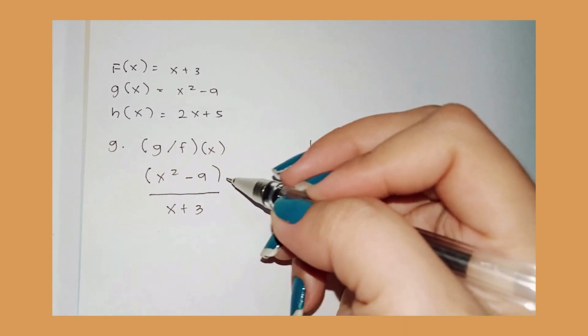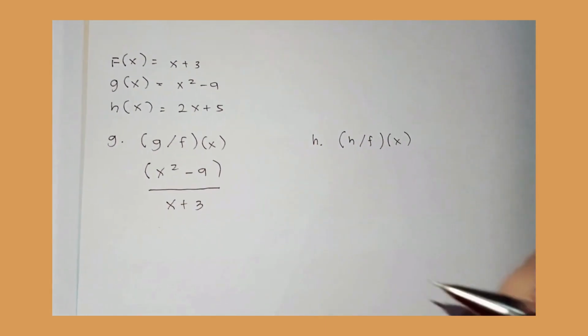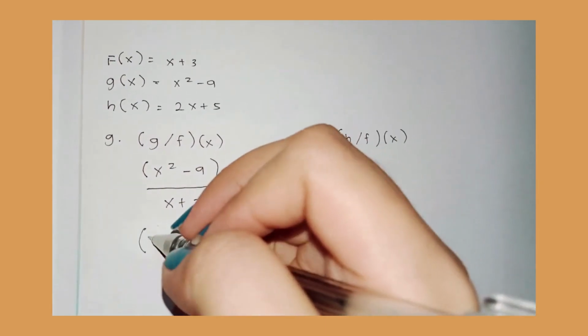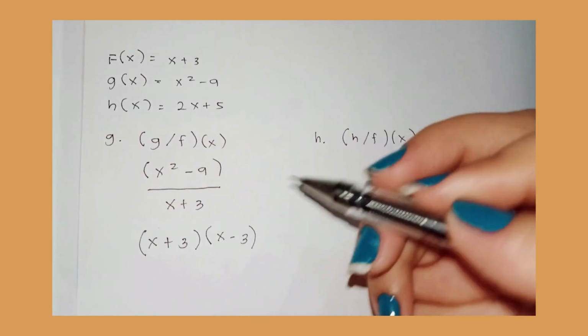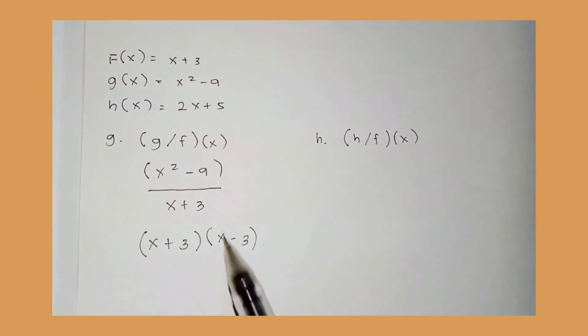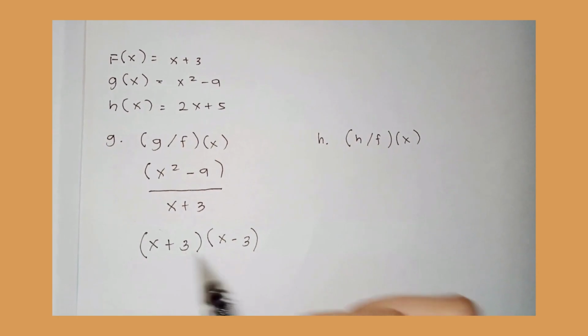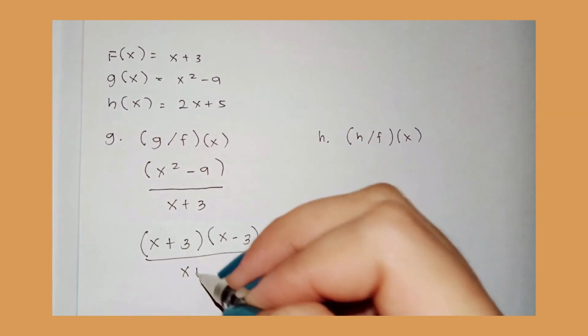Una, yung nasa itaas, dahil quadratic function siya, pwede natin siyang i-factor. Ano ba yung factor ni x squared minus 9? That is x plus 3, x minus 3. Yung x squared, pinaghiwalay ko. Yung negative, positive, negative. Yung 9, 3 times 3 all over x plus 3.